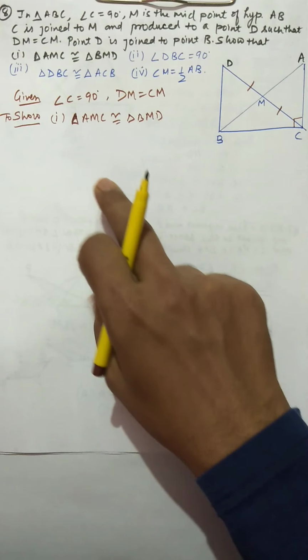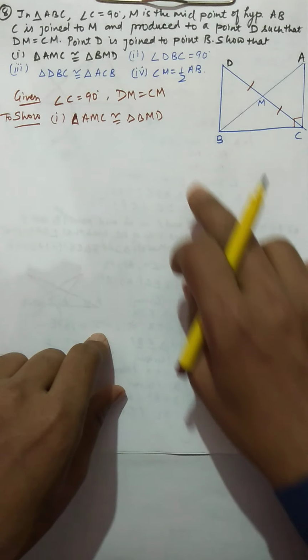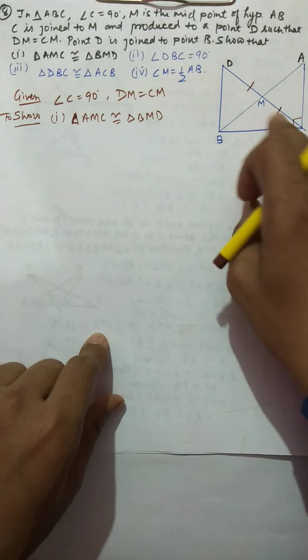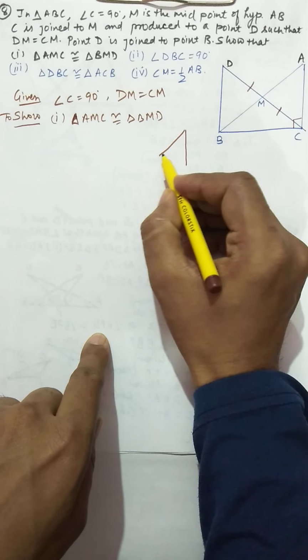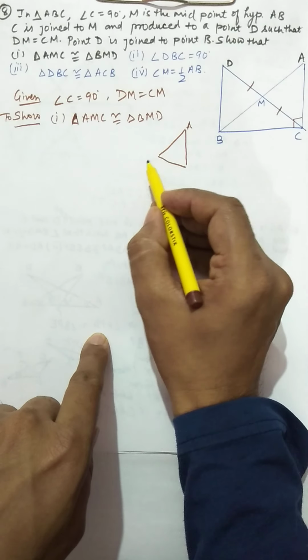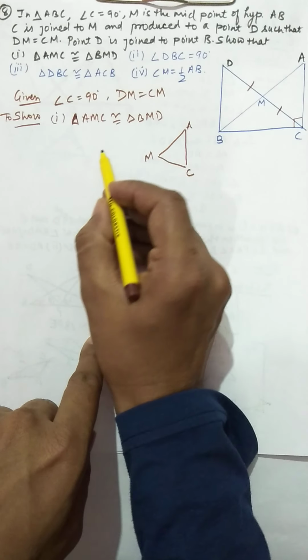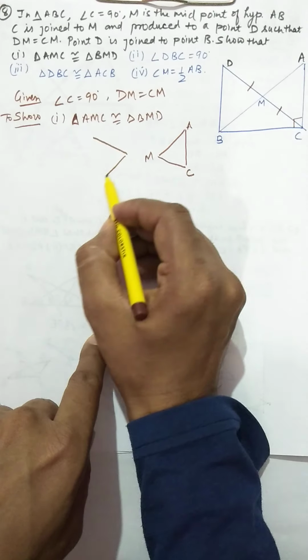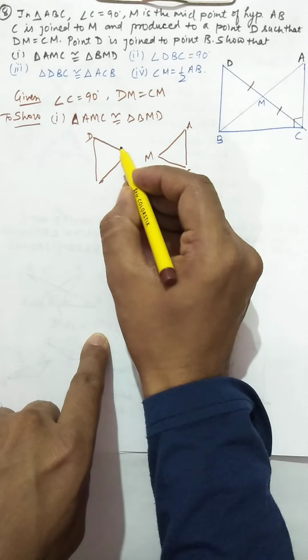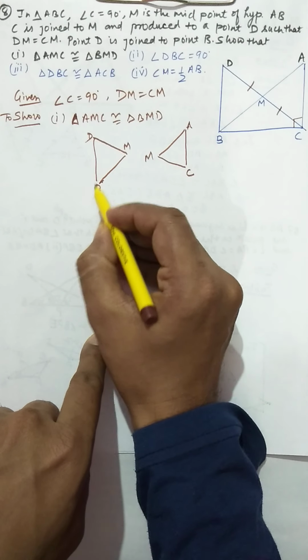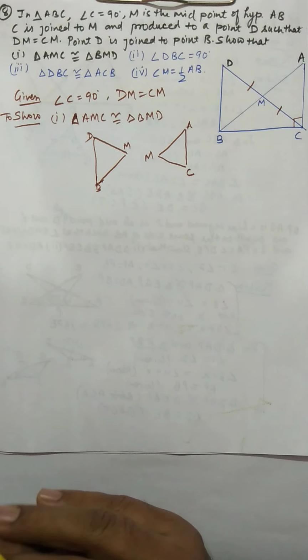So we'll focus first on this part, triangle AMC. I'm making the figures here. This is A, this is M, this is C, and this is D, this is M, this is B, and we have to show that these two triangles are congruent.